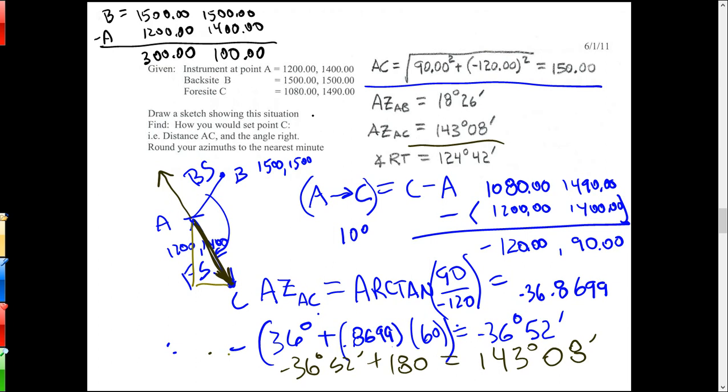Okay. So to get the azimuth from A to B, just do that arctan business again. 0.43. Carry a couple more figures, 49.